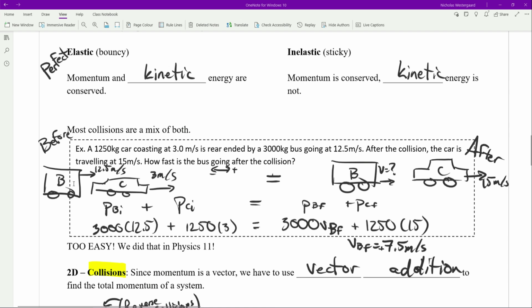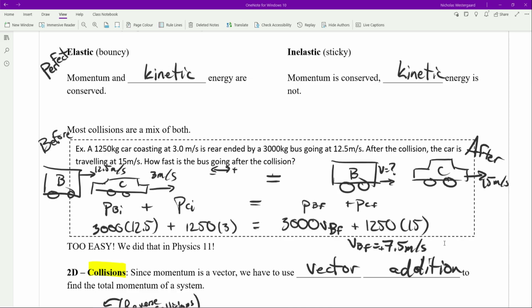So we find the momentum of the bus to start and the momentum of the car to start, mass times velocity and mass times velocity. That should equal the momentum of the bus after, mass times unknown velocity, and the momentum of the car, mass times final velocity. Then I do some calculator work and a little algebra, and we should be able to find the final velocity of the bus.